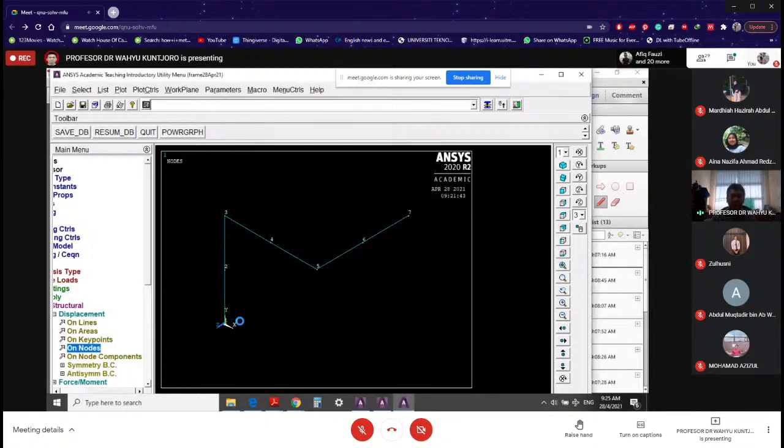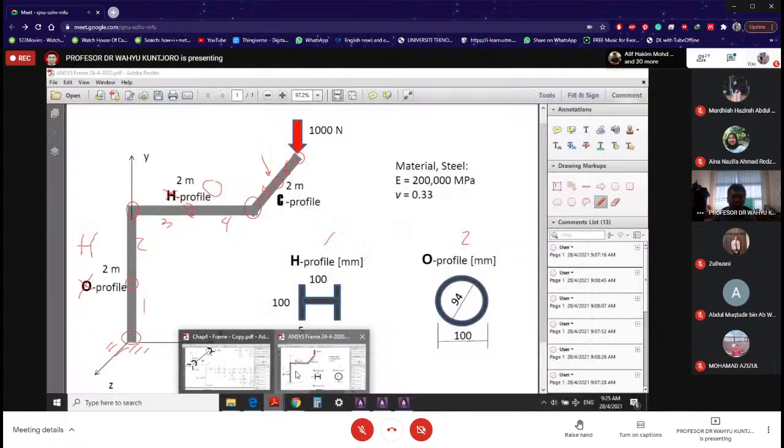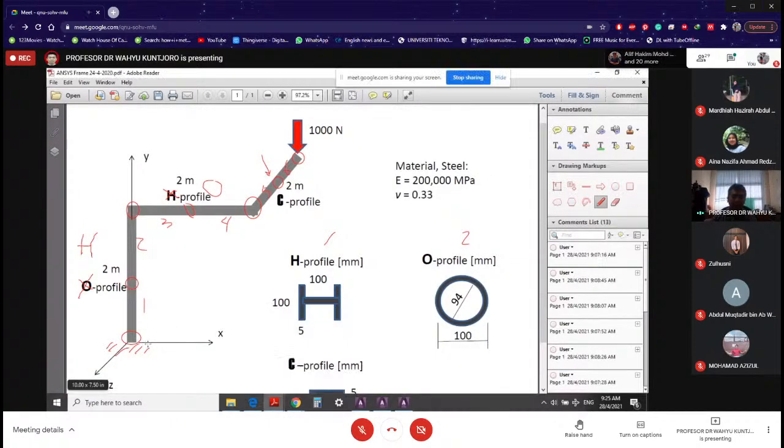What does it mean? Because it is clamped at node number 1, it cannot move in X, it cannot move in Y, it cannot move in Z, and rotation in X, Y, and Z are all 0. While the rest of the nodes, they can move.